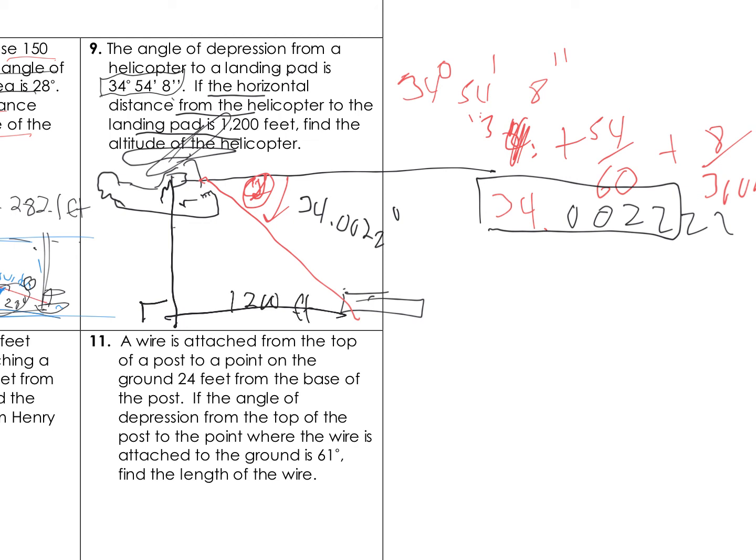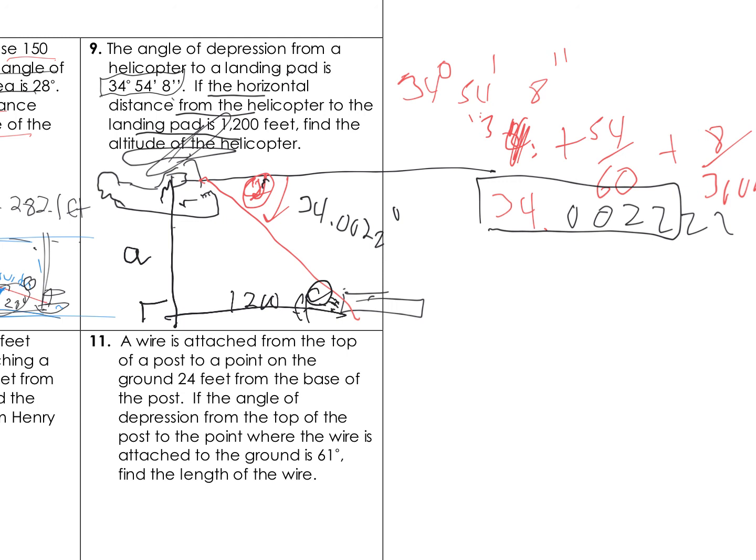And he wants to find out my altitude, which is the height that the helicopter is. I wonder which trig function to use. Now the angle here, I'm going to use it down here, because alternate interior angles are congruent. I'm going to use that 34 angle down here.